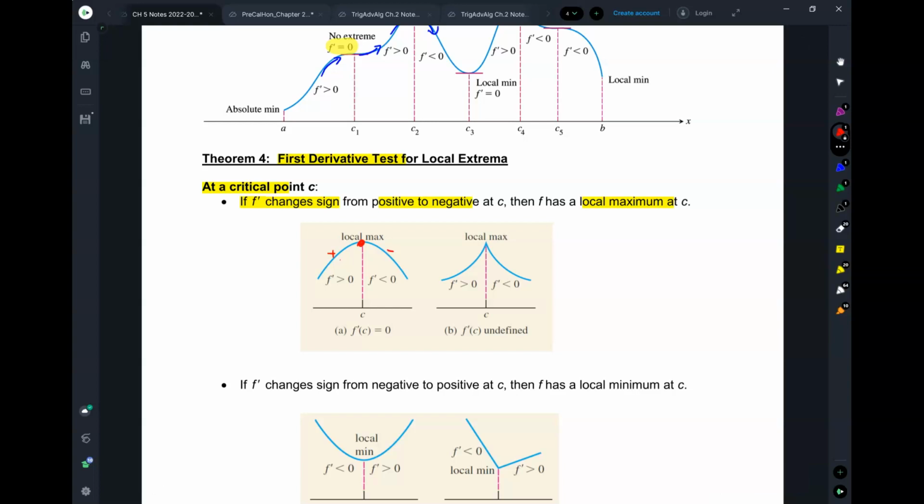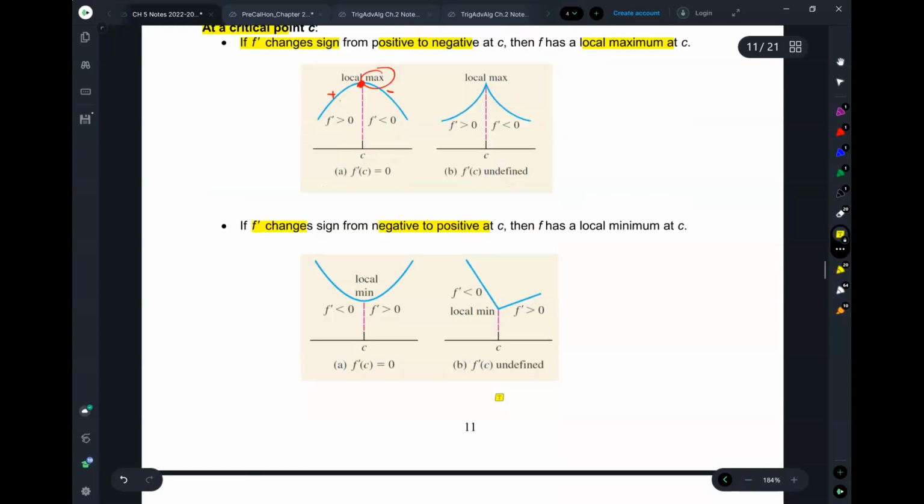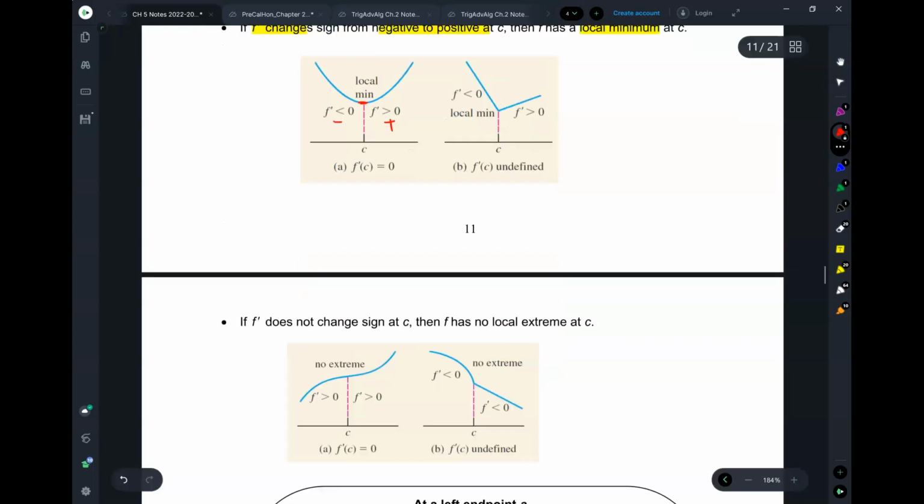When it changes from positive to negative, increase, decrease, you get a maximum. And then, if f prime changes the opposite way, from negative to positive, then there is a local minimum. So look here. This is a critical point. F prime changes from negative to positive, so now it's a minimum. Okay?